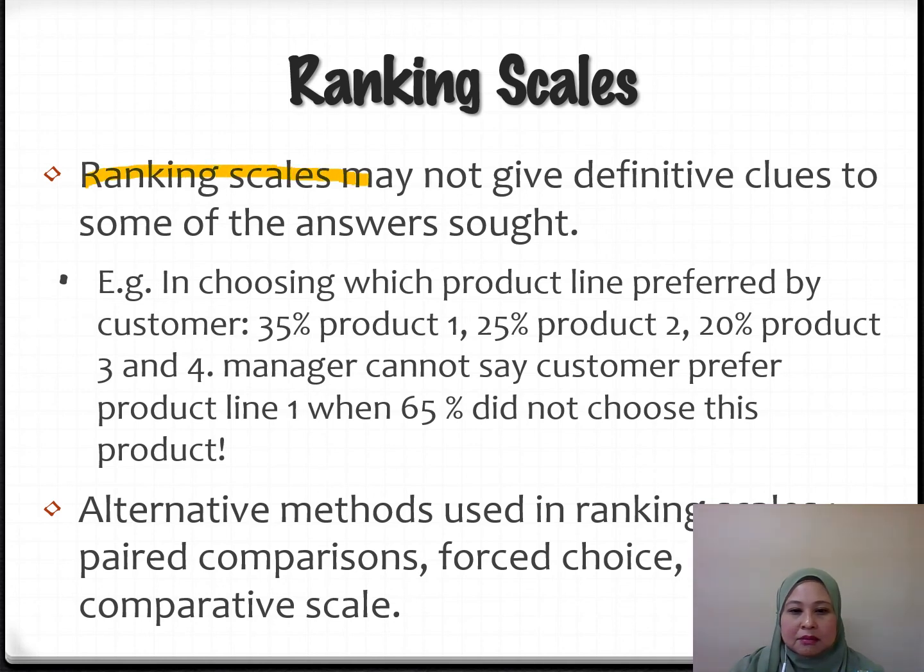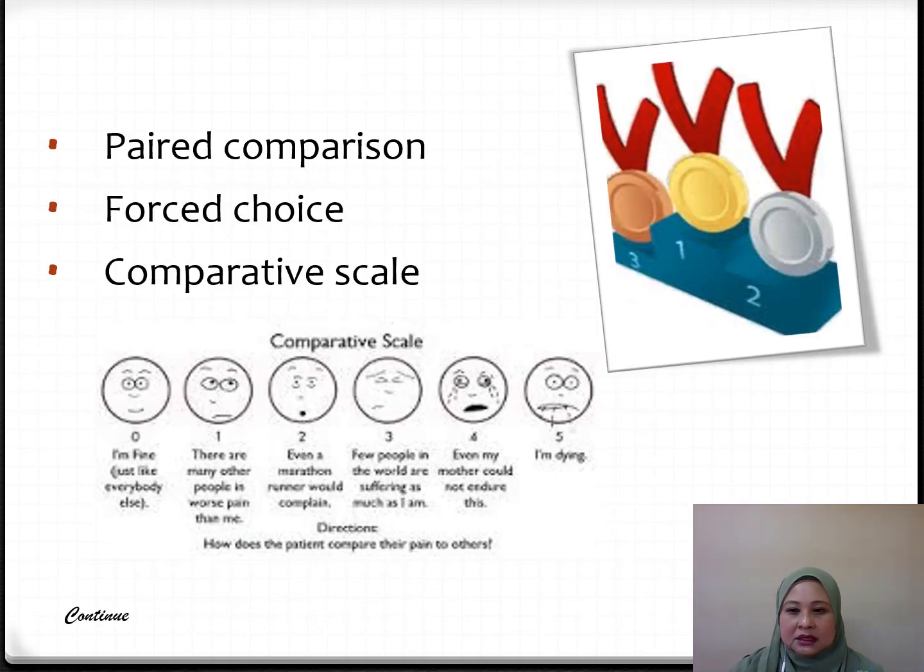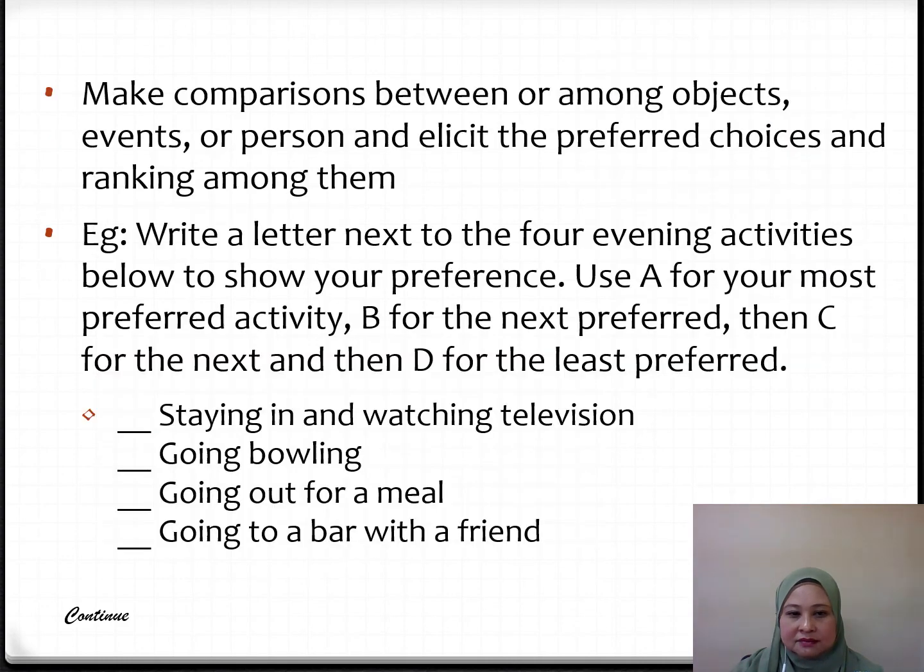Ranking scale may not give definitive clues to some of the answers sought. Which product line is preferred, for example here. There are three types of ranking scale: paired comparison, forced choice, and comparative scale.